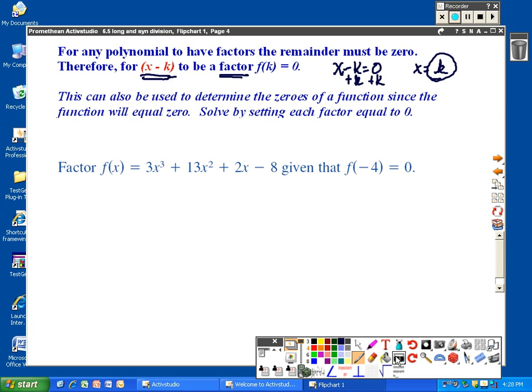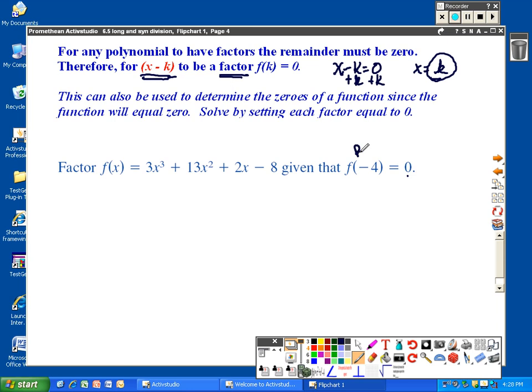So knowing that, it can help us find the zeros of a function, because that meant we set the function equal to 0, which is actually what we did. So let's try this one. Let's factor f of x equals 3x cubed plus 13x squared plus 2x minus 8. If I know that f of negative 4 equals 0, that means when I evaluate the root of negative 4, I get a remainder of 0.